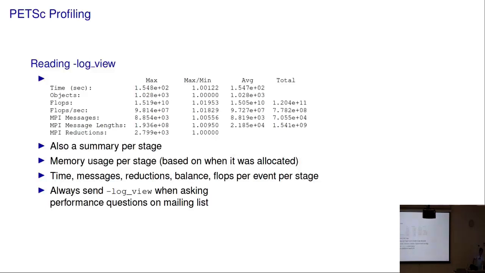Oh, okay. So you get a lot of useful output from log view. It can be a little overwhelming when you first look at it. The first thing is to look at the top of your log view, and you'll get a nice summary before a breakdown into lots of events.